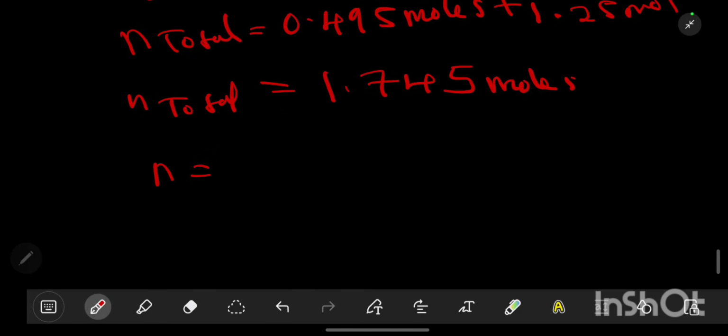The number of moles is equal to the mass over the molar mass. We have found the number of moles using the ideal gas law if we have been provided volume and all that. So using this, you can now calculate the total pressure using the total number of moles.